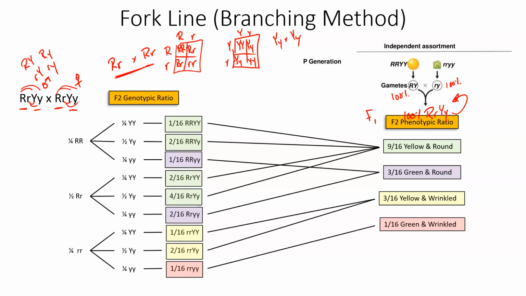The F2 genotypic ratio of a true dihybrid heterozygous cross will actually be 1, 2, 1, 2, 4, 2, 1, 2, 1 every time, which will give us the phenotypic ratio of 9:3:3:1.